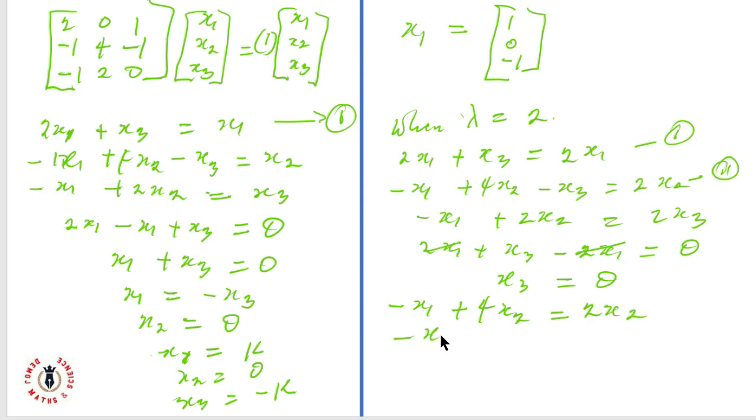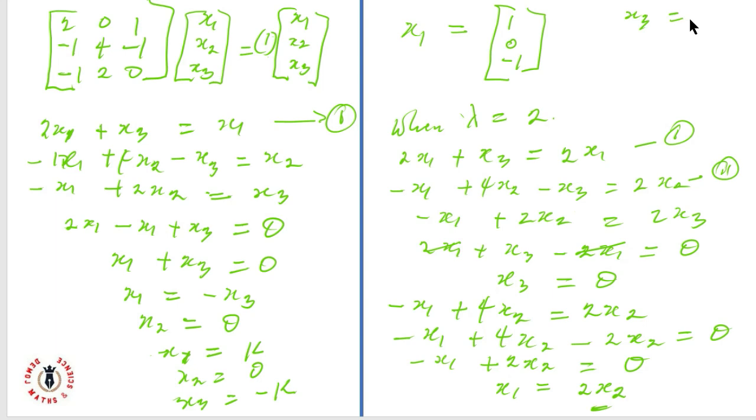So this becomes minus x1 plus 4x2 minus 2x2 is equal to 0, as I like to collect like terms. Now this is minus x1 plus 2x2 is equal to 0. Obviously, x1 is equal to 2x2.